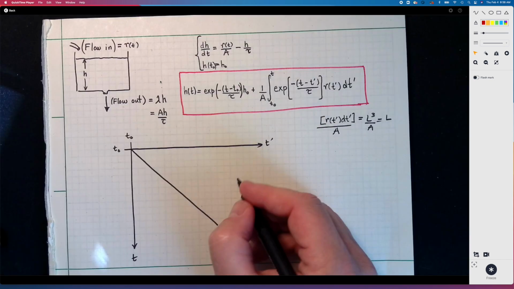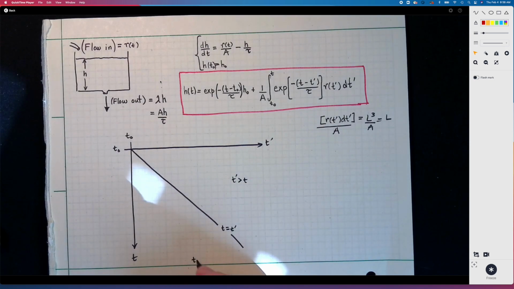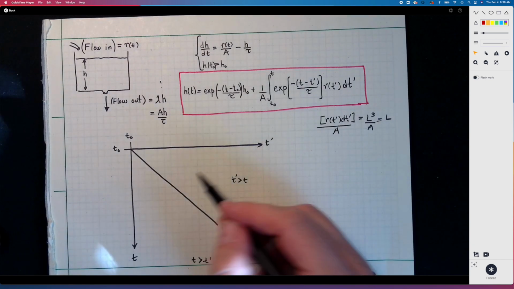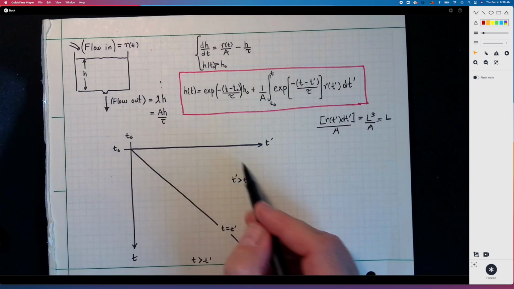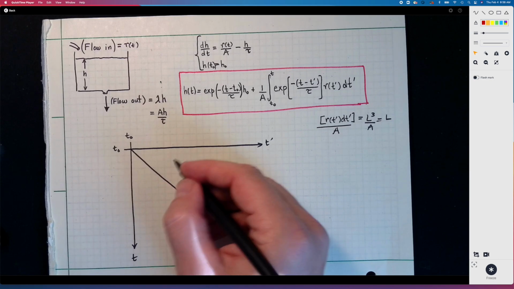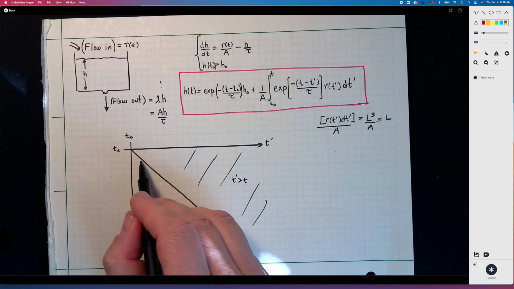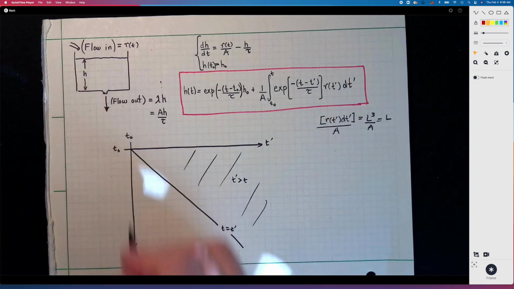So in this domain we have t prime greater than t, and in this domain we have t greater than t prime. Out here would correspond to sources that happen in the future, and so clearly these cannot influence the solution at time t. So there's nothing going on out here. The inputs happen along this diagonal line, and then their influence propagates forward in time.